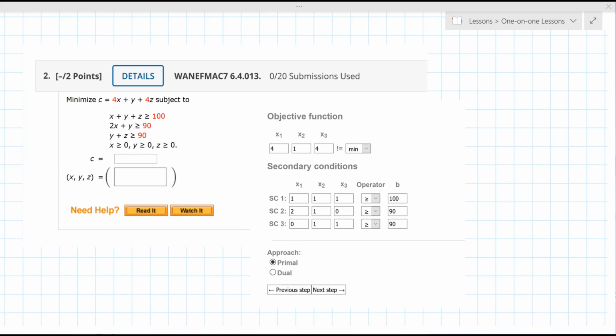This calculator is in some other language, and maybe there's a translation thing. 4, 1, 4; 1, 1, 1; 2, 1, 0; 0, 1, 1. Okay. Huh. So did I miss something? 2, 1, 0; 0, 1, 1, greater than or equal to 90. Oh, I wonder.